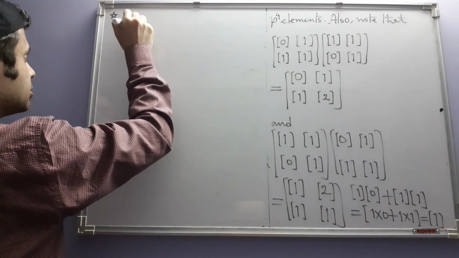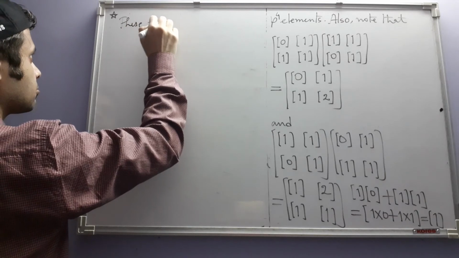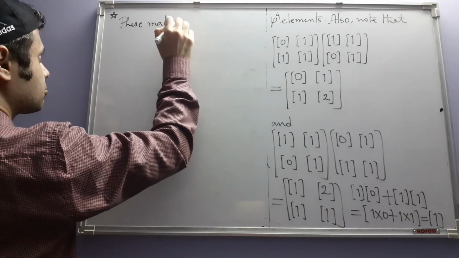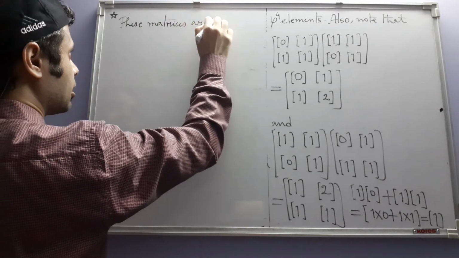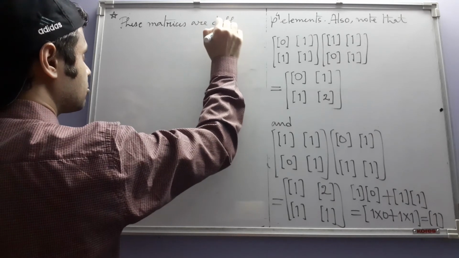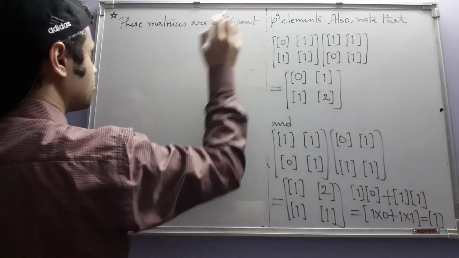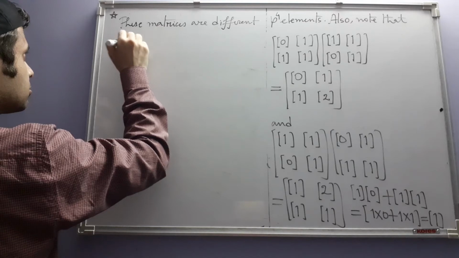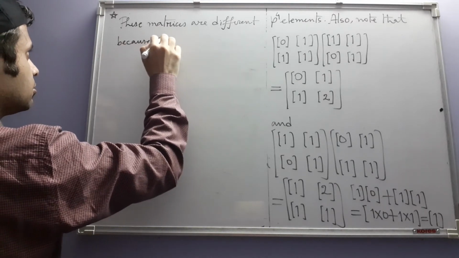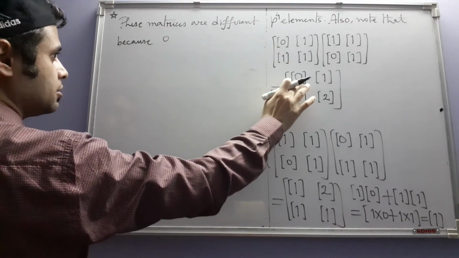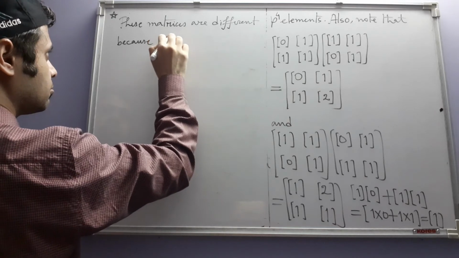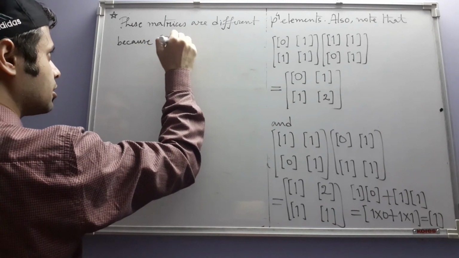These matrices are different because this 0 is not equal to this 1.